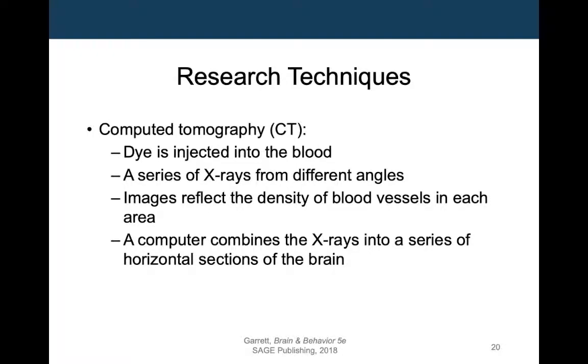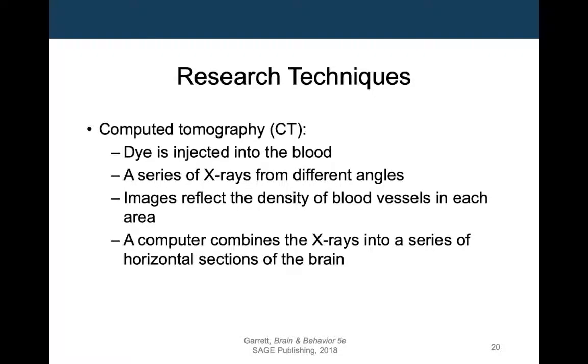So remember, the dye is to help locate where these particular structures are, depending on what brought the person in, okay? It also will show you the density of the blood vessels, which your brain does have. And it gives real graphic 3D X-rays of these images through horizontal sections of the brain.